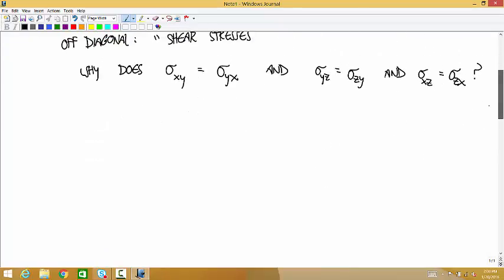That's all related to rotational equilibrium. So it's due to moment equilibrium.